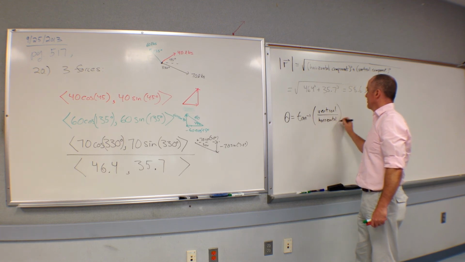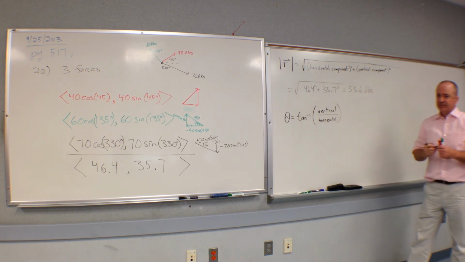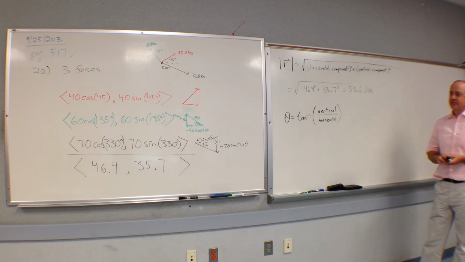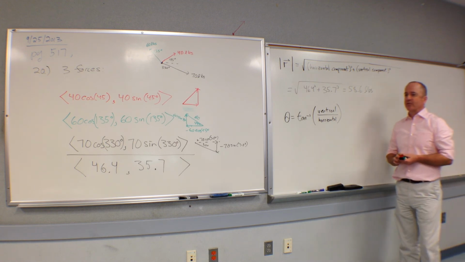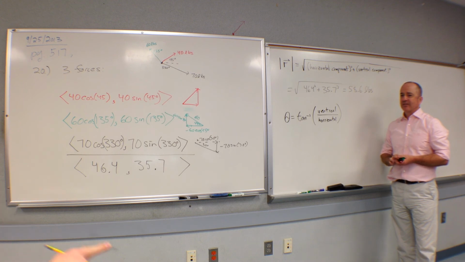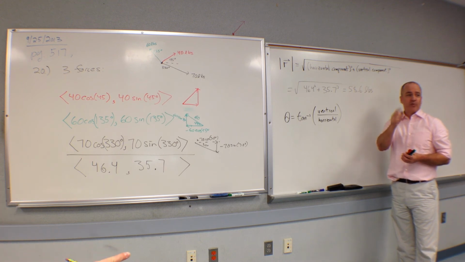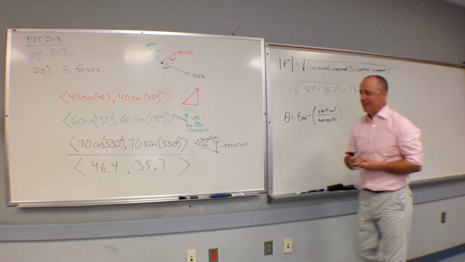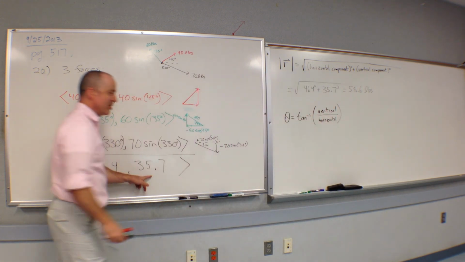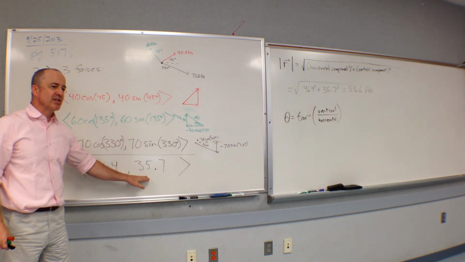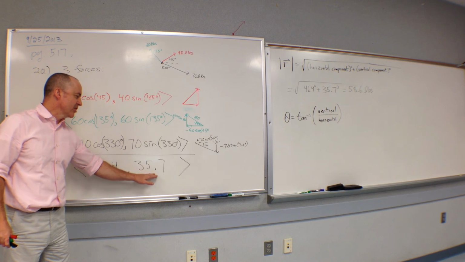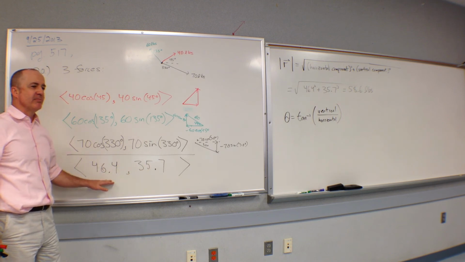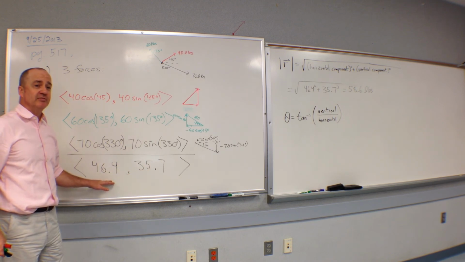Because dividing 35 by 40, 30-something by 40-something. Close. And what is the tangent at 45 degrees? Oh, 1. Okay, so at 45 degrees, you have a tangent of 1. It's vertical over horizontal, right? If you're putting the smaller number on top of the larger number, your fraction is less than 1, right? Your angle will be less than 45 degrees.